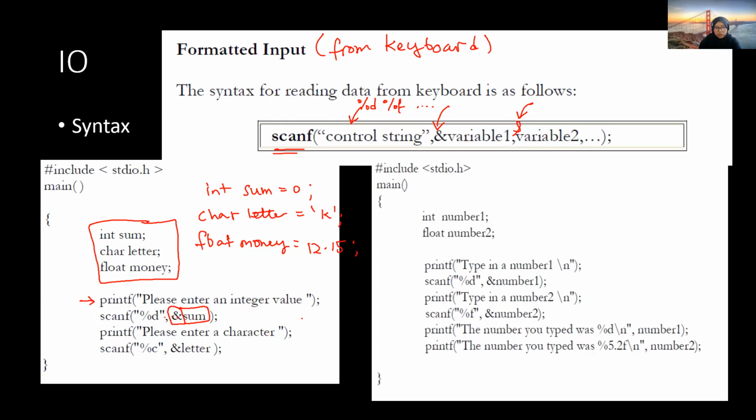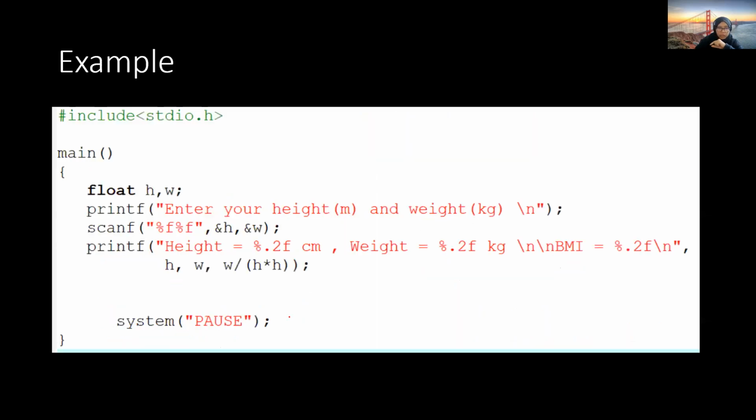Okay, you can also do something like this into one line. Let me give you another example. Okay, let's see this one. Float H, W. So this is my declaration first. I declare my variables, and then enter your height and weight.